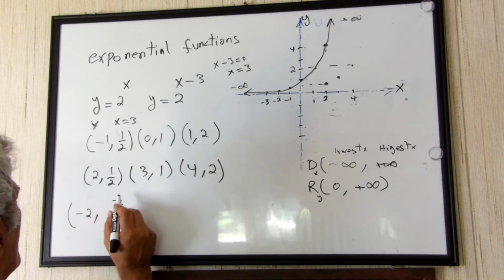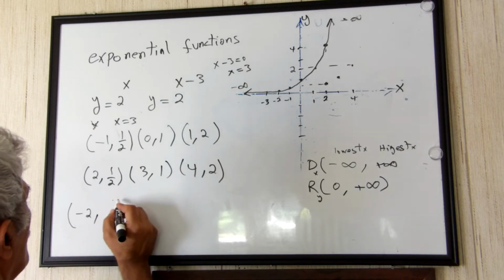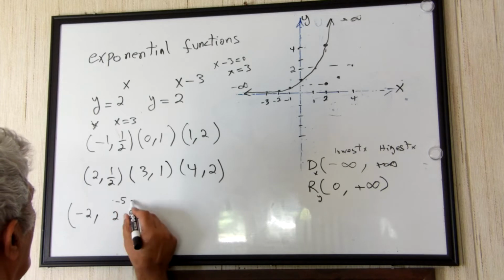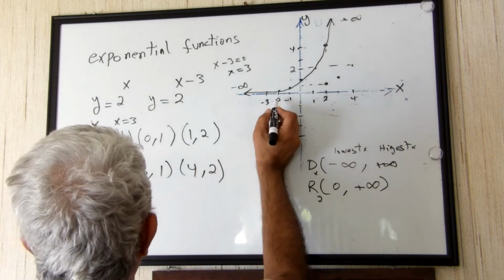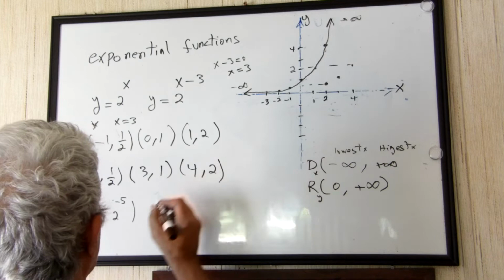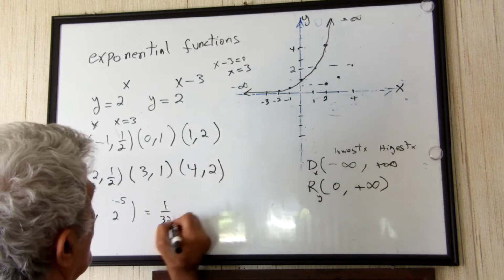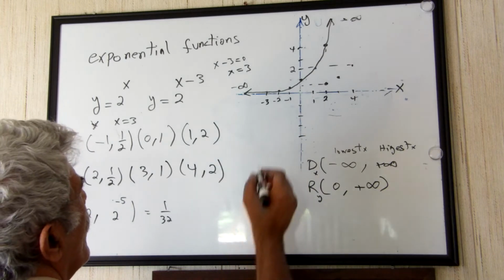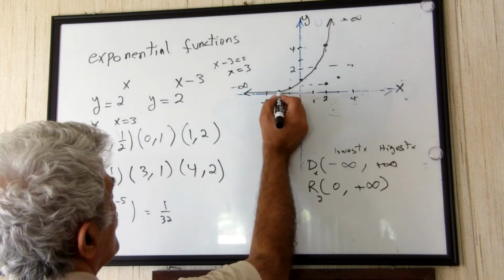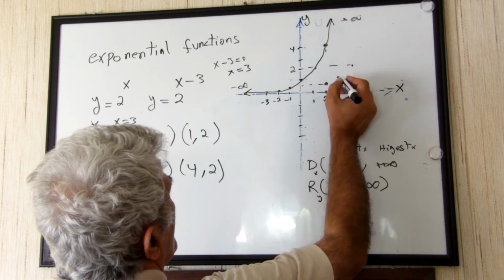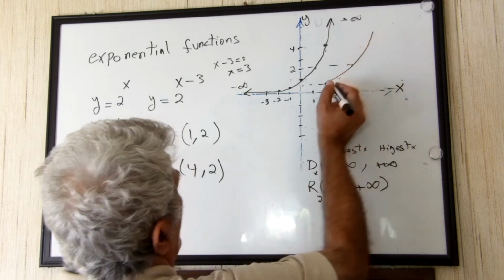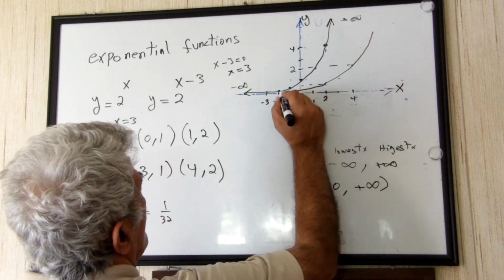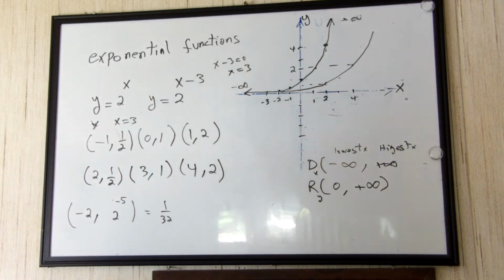If it is minus 2, 2 to the power of minus 5 is 1 over 32. It's going to come and go like this.